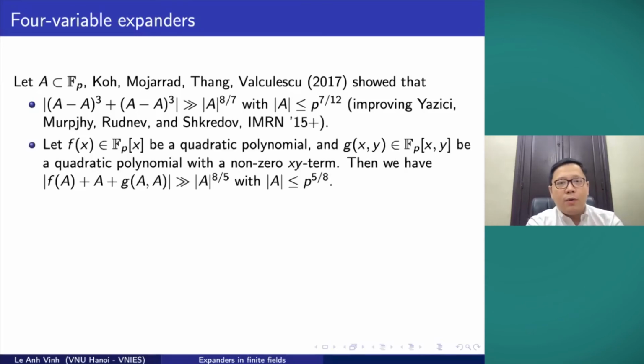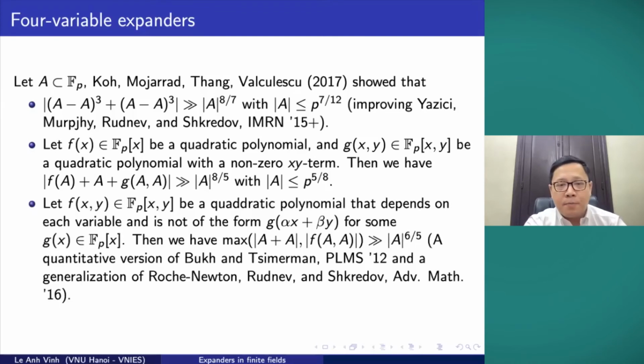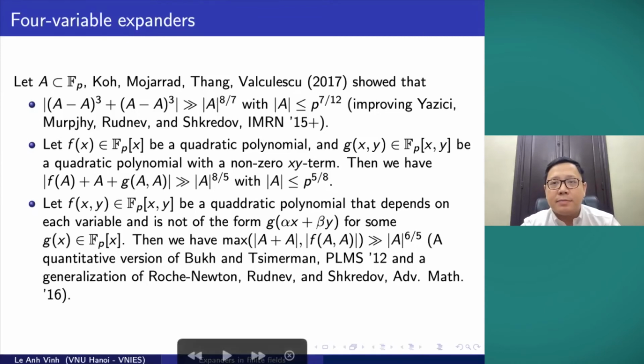They also classify some other types of four variable expanders, similar types, and more general forms, when f(x,y) is a quadratic polynomial that depends on each variable and is not of the additive form.